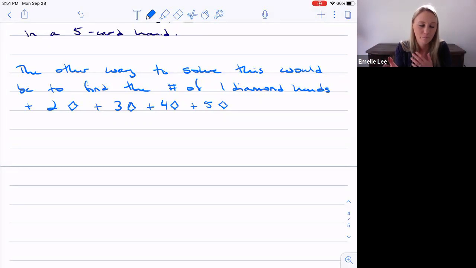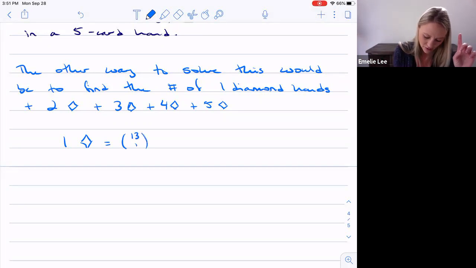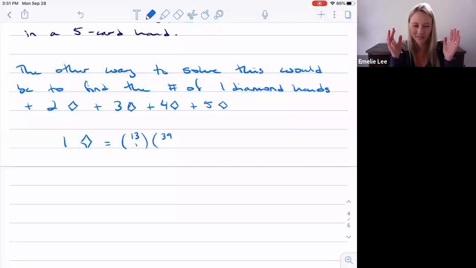It's the same. 1 diamond should be 13 choose 1, you have to have 1 diamond, times 39 choose 4.